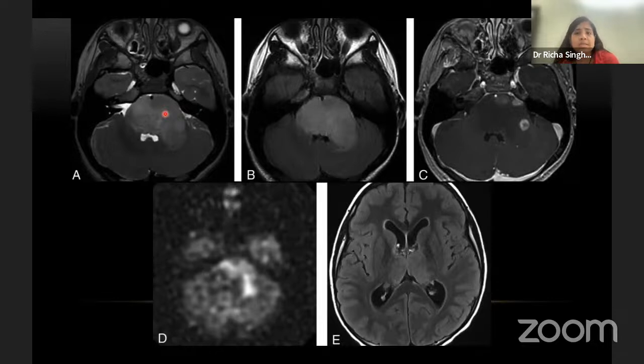All these tumors and the septum pellucidum, all these tumors will be called diffuse midline gliomas.